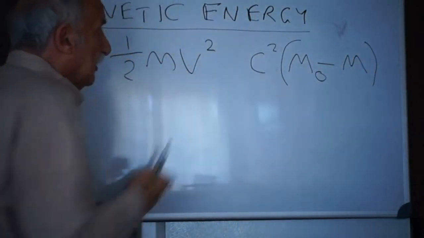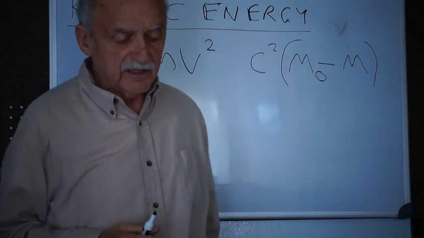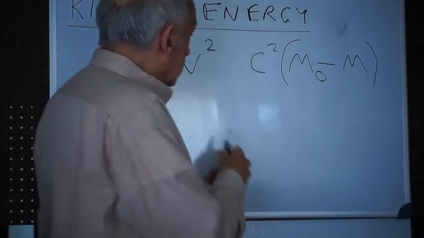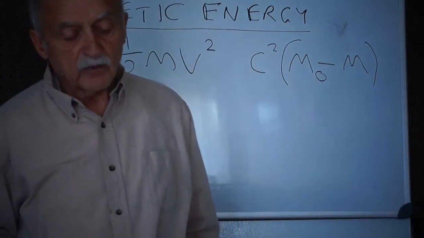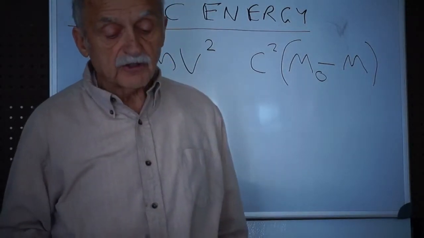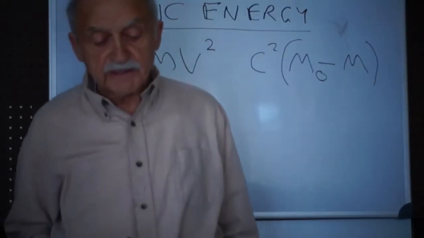Now I'm going to show you, although those two equations look so very different, they're actually the same if the velocity is small enough that it's not in any way competing with the speed of light. And I'll show you where that comes from later, but first I want to show you the similarity between these equations.